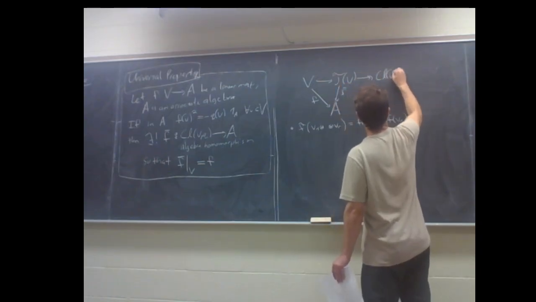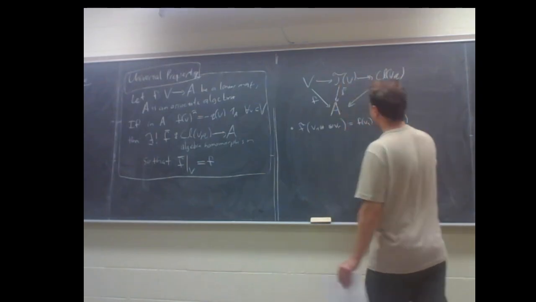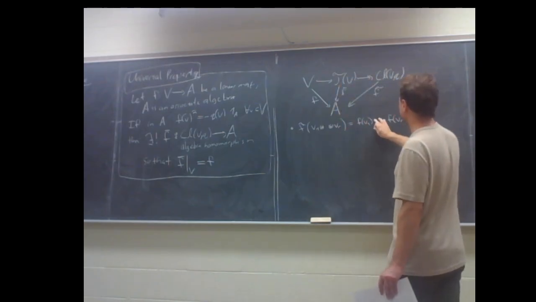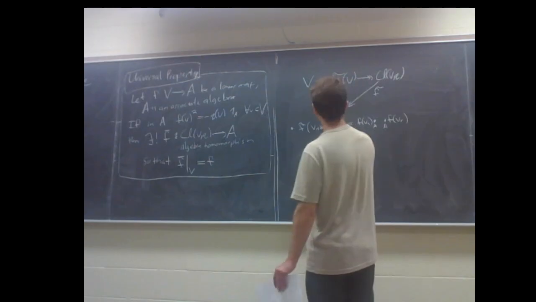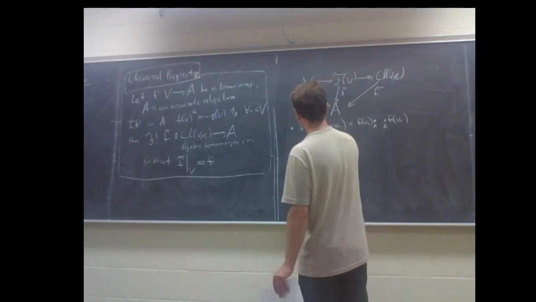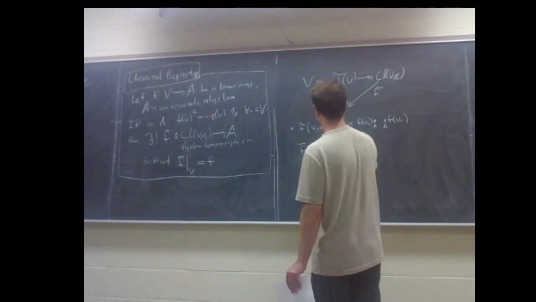This is not a short exact sequence. F tilde, where I have to distinguish this product in A from the product in the Clifford algebra, so F tilde gets mapped to Clifford algebra multiplication.